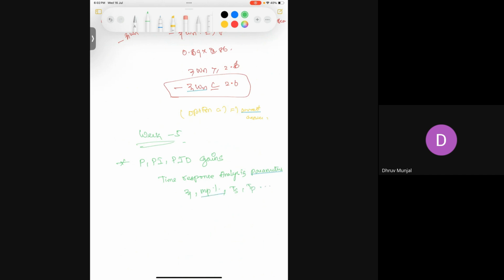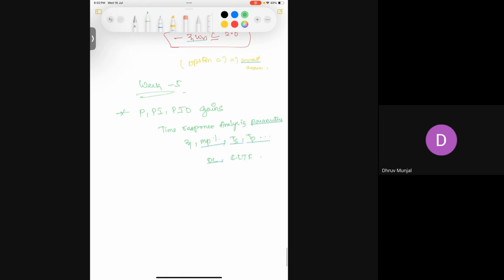So you should be thorough with the formulas for each and every parameter, and you should be able to connect it with the open loop transfer function or closed loop transfer function, whichever way the question is. You would expect this kind of problem where they will give the transfer function, and you will be asked to find Kp, Kd, or Ki, or both. A combination of any two of these can be asked using these parameters.